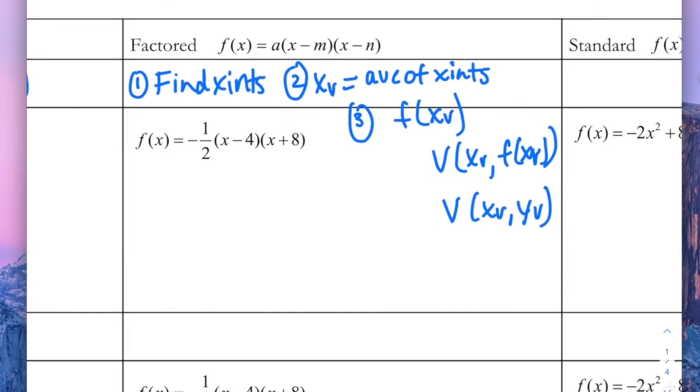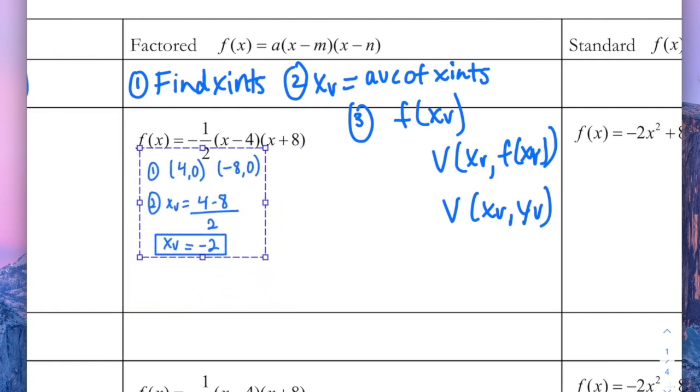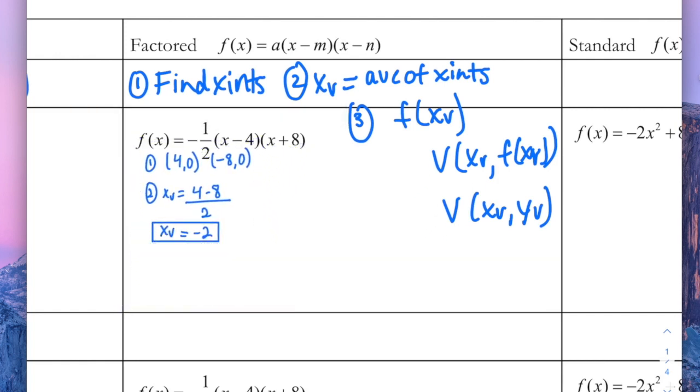Well, I can see that my x-intercepts are (4, 0) and (-8, 0). I know that xv is the average of these two. Okay, and then in order to find my vertex, I'm going to evaluate f of xv, or in other words, f of -2.